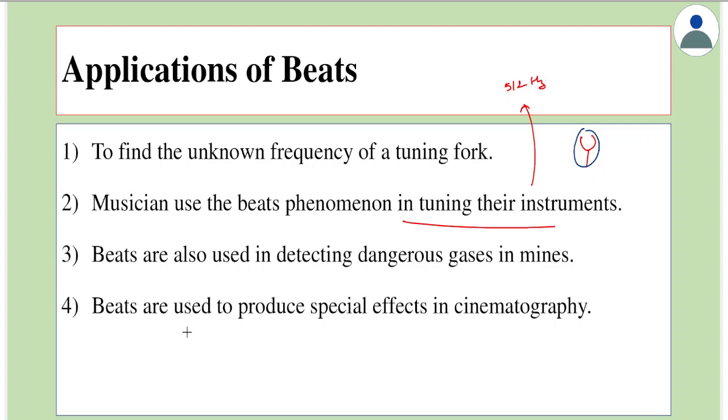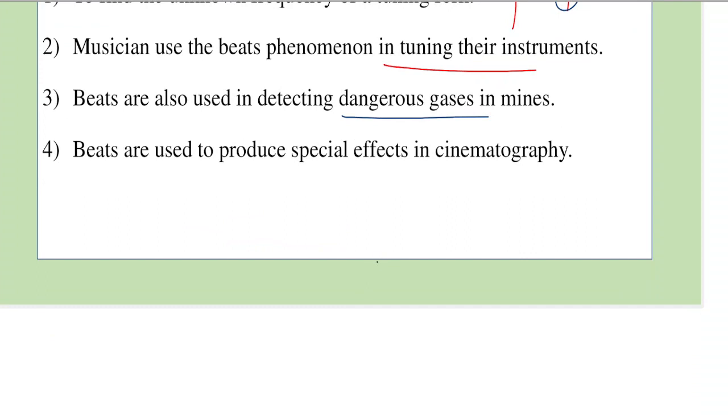One more use is that beats are also used in detecting poisonous or dangerous gases in mines. Understand this. Think of a mine like this, which contains a lot of gases, imagine some are dangerous gas.